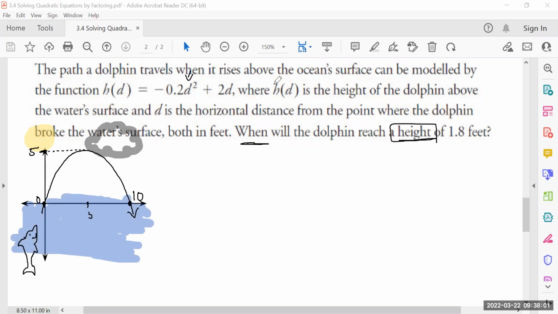Think about it. h of d is here, and there's a description. d is there, and there's a description. What am I talking about? Where does it go?